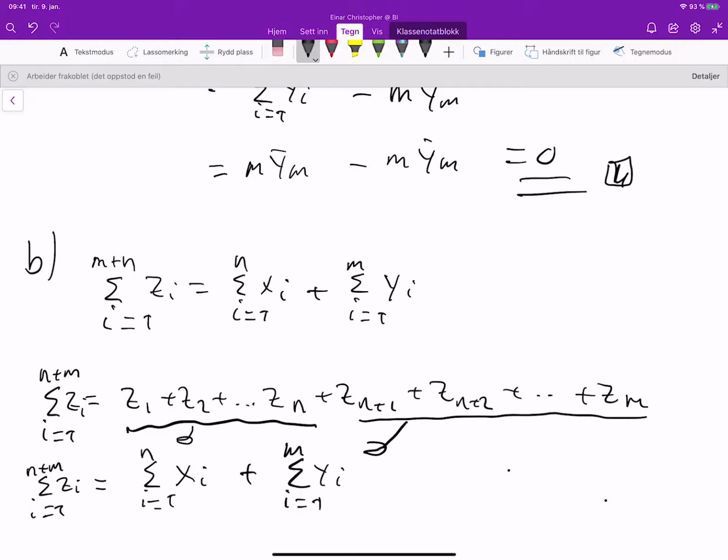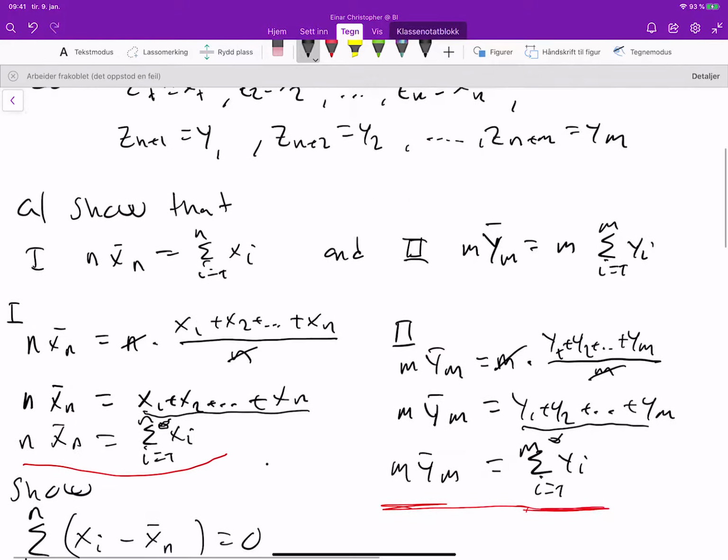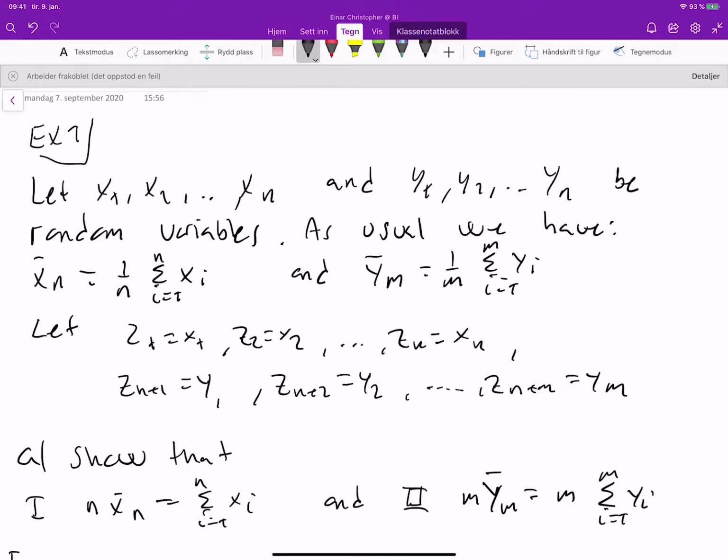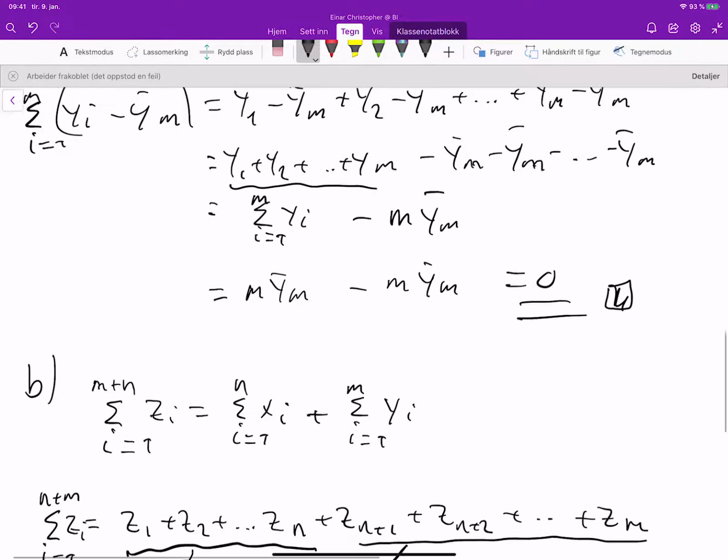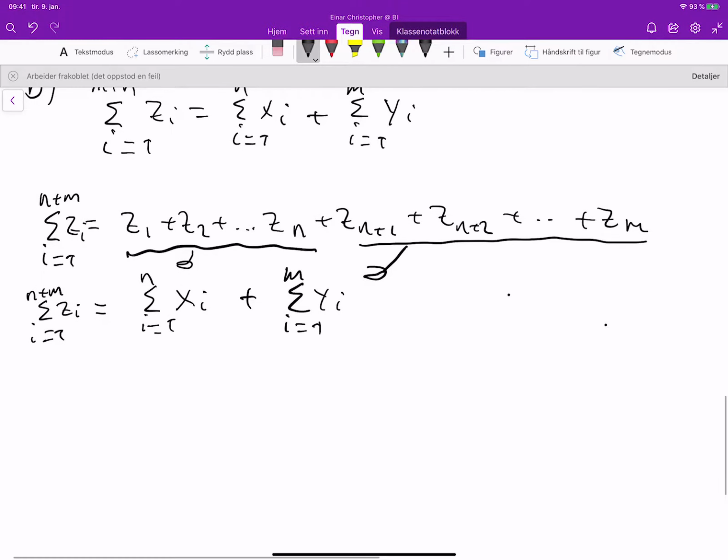This we got from the introduction to this exercise. Here you see that set 1 is x1, set 2 is x2, set n is xn. And set n plus 1 is y1, and so on until set n plus m is equal ym. So therefore this makes sense, and we have convinced ourselves.